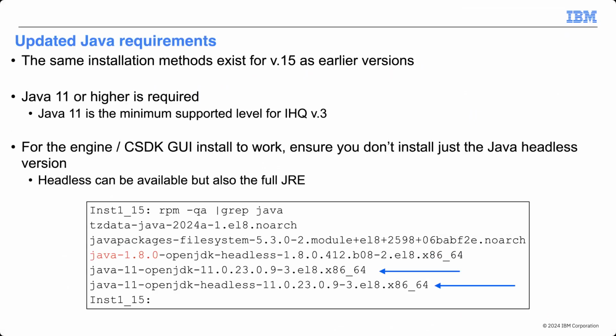Now, on 11, while you can install the headless version of the JRE, for it to actually work properly, you need the full JRE install. You can have both pieces installed, as you can see on my screen here. I have both, but you actually need the full JRE for it to work.